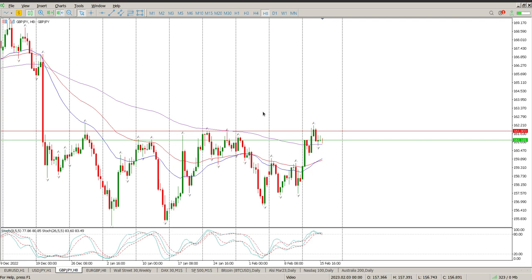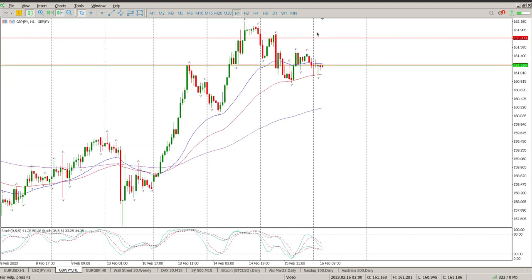Moving on to British pound Japanese yen, a bit all over the place, and the last three 8 hour bars, nothing going on. But if we get down to the hour, you can see we're flirting with this swing high here, not looking very interesting, which would bring my next level into play. We tested that already yesterday. A wise decision here would be to see a London breakout.